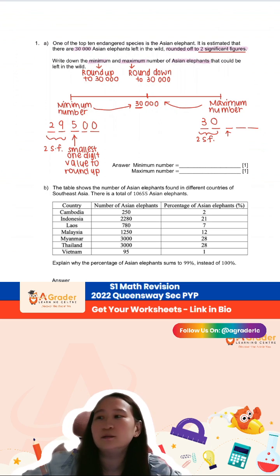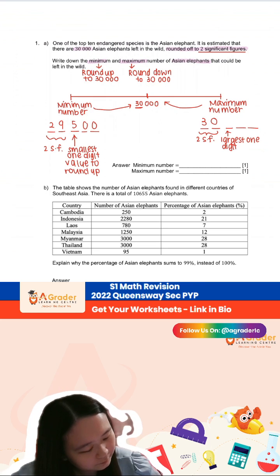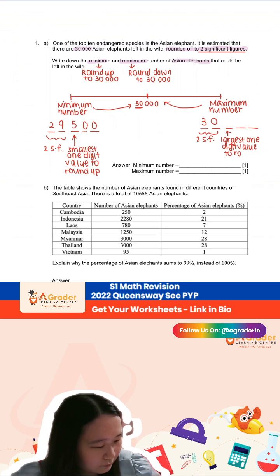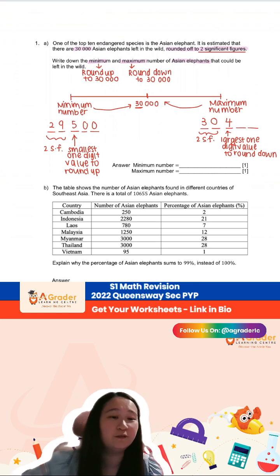Since you want to round down, what is the largest value for it to round down? Yep, good. So 4 is the largest one-digit value for you to round down.